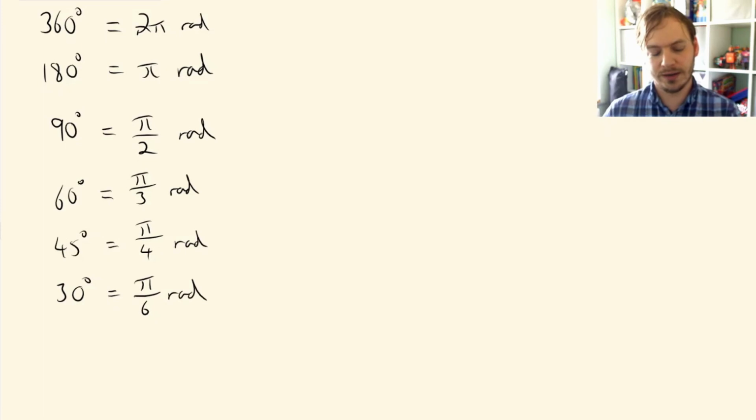It would be really sensible to spend a bit of time getting familiar with those, because just like when you see a question with 60 degrees in or 30 degrees and you go, oh yeah, that'll have surds in, that'll be exact, the same thing is true when you're dealing with radians. You should spot pi over 3 and go, oh yes, that's one of those exact surd answers.